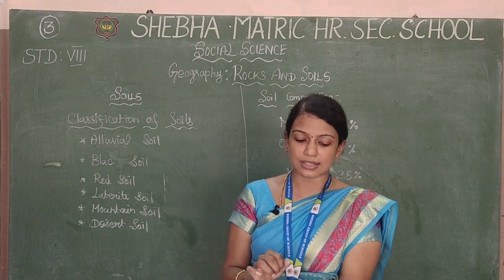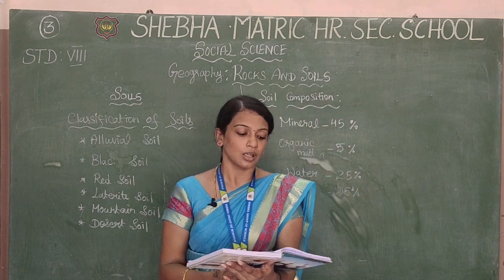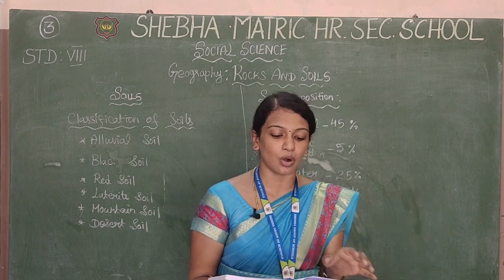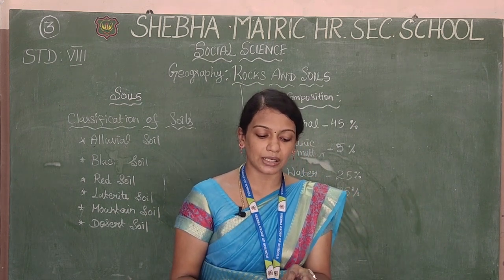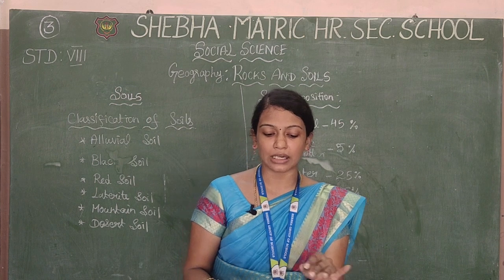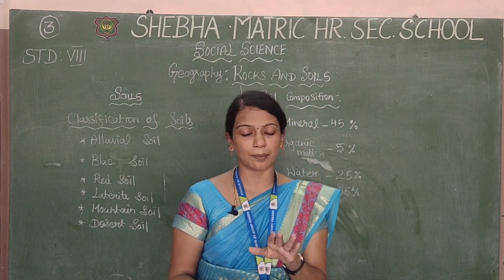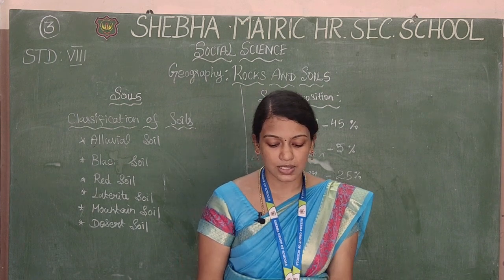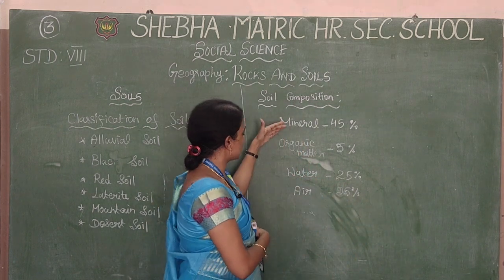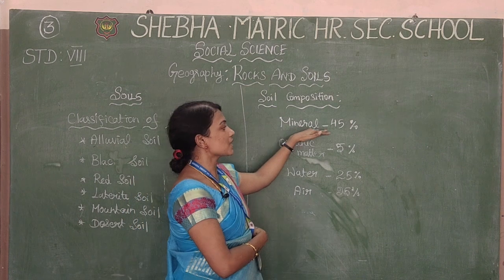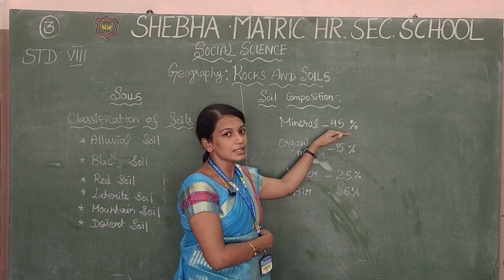And next we are going to see the soil composition. The basic components of soil are minerals, organic matter, water and air. So how many percent of minerals are in our soil?